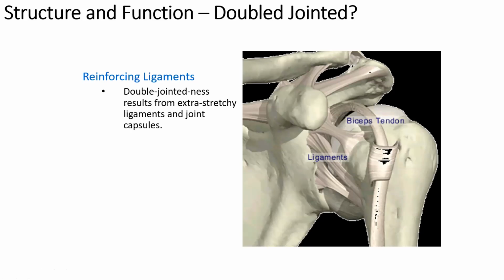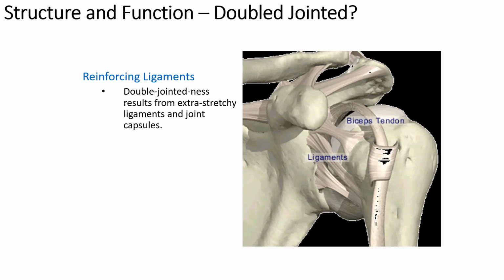So they can move and bend at angles that most people can't, because the ligaments holding the joints together and the synovial joints at those junctions have greater flexibility than an average individual.